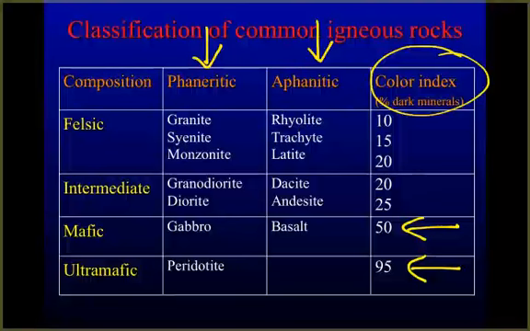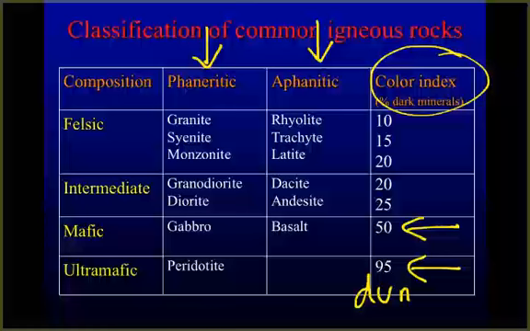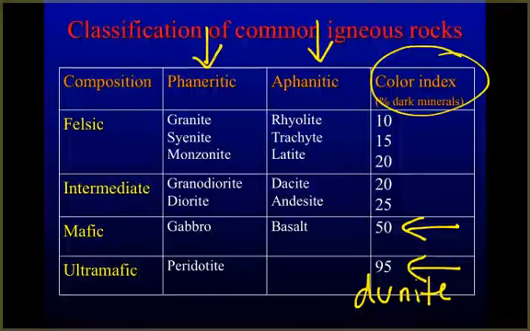Now, this works pretty well. It's particularly helpful for plutonic rocks where you can see the different crystals. It can be misleading. For instance, if you have a dunite, which is mostly olivine, OL, it's going to look green, so it's not really the black pyroxenes or hornblendes or biotites.